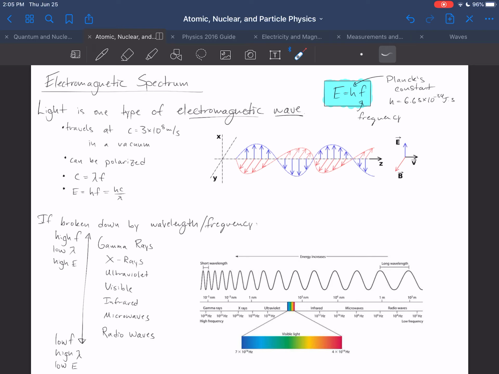Another set of powers of 10, so another factor of 1,000 brings you to the visible. Another factor of 1,000 and you're at the high end of the ultraviolet, low end of the X-rays. Another factor of 1,000, you're at the high end of the X-rays, low end of the gamma rays. And another factor of 1,000 and you're in the gamma rays.